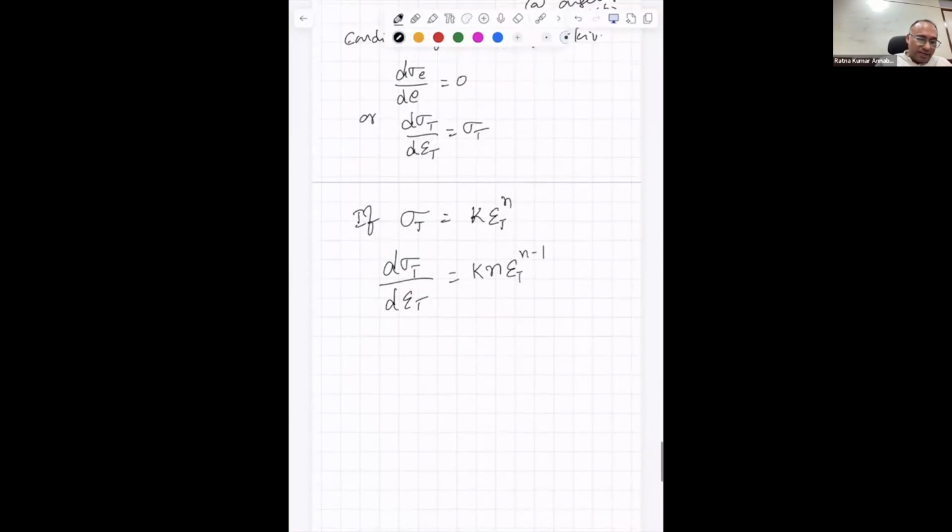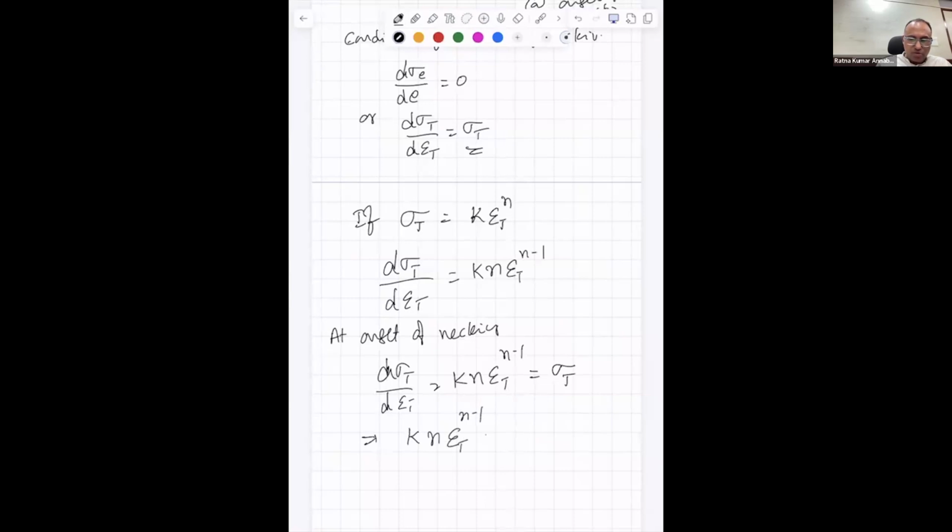Right? But at onset of necking, dσT/dεT, which is equal to k n εT to the power n minus 1, is equal to σT.